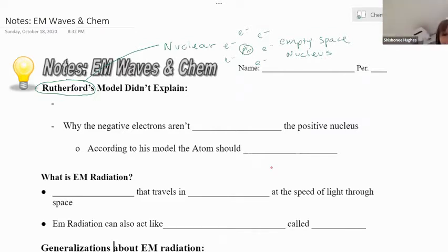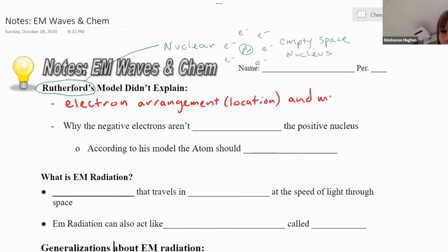Rutherford's model did not explain electron arrangement, which is really their location, and motion. We didn't know what those electrons were doing. We thought they were just kind of floating around out there, moving fast. He didn't really ever say anything about them.